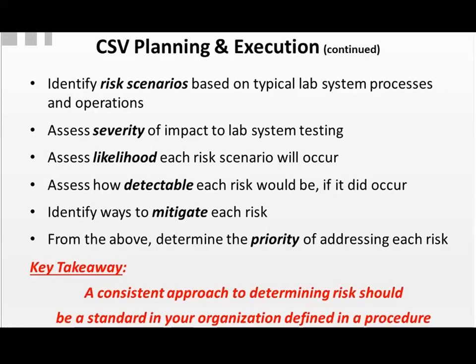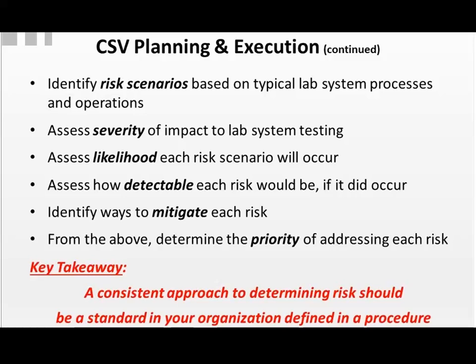So you look at each risk. And so, as I said, you might have 10 risk scenarios. You could have any number. And when you look at the severity, likelihood, detectability, and mitigation of each one, you should be able to come up with some kind of a process, whether that's a scale of some kind, in order to be able to identify each system and the risk associated with its failure relative to all the other systems.